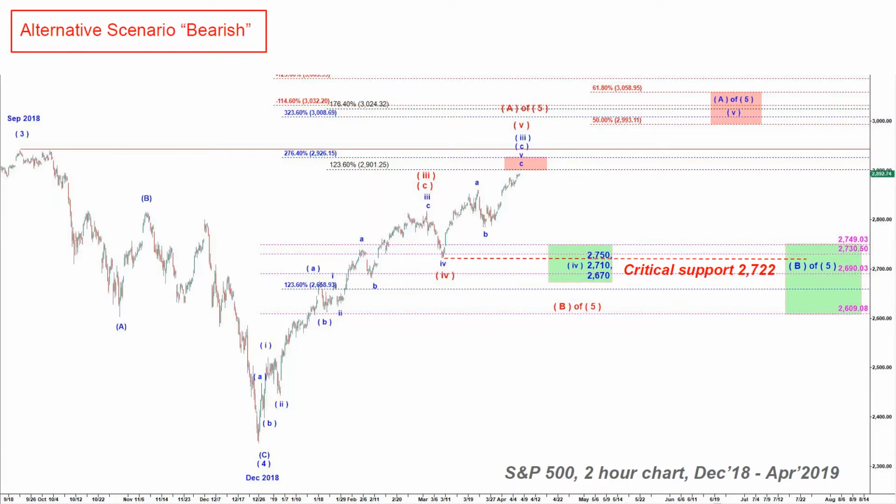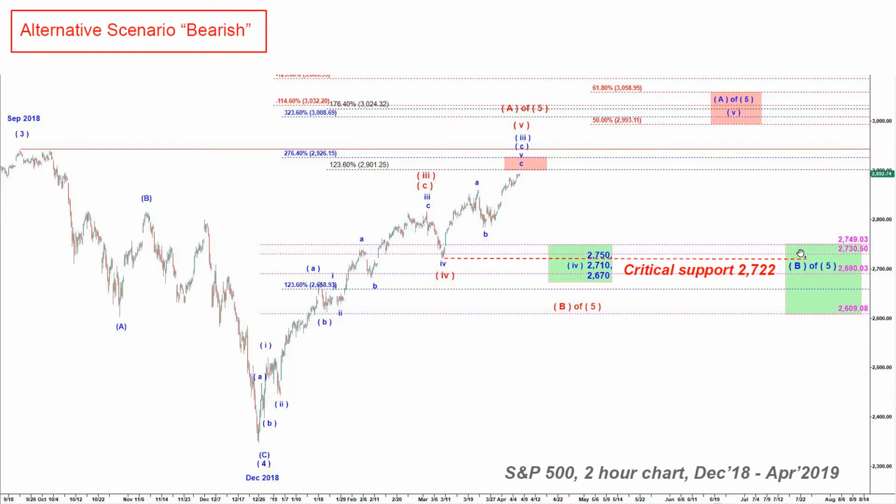But at least we both look down from that red target box, and if it's the bullish count with blue labels, we are talking about a corrective move down into that area. If we are talking about the bearish red count, we still are expecting a drop into that bigger box.